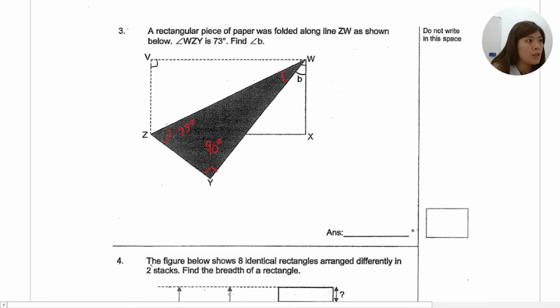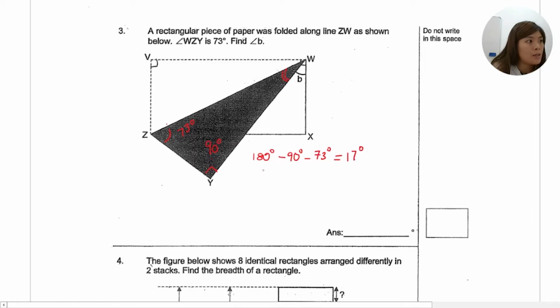To find this, you take 180 minus 90 minus 73, which gives you 17.